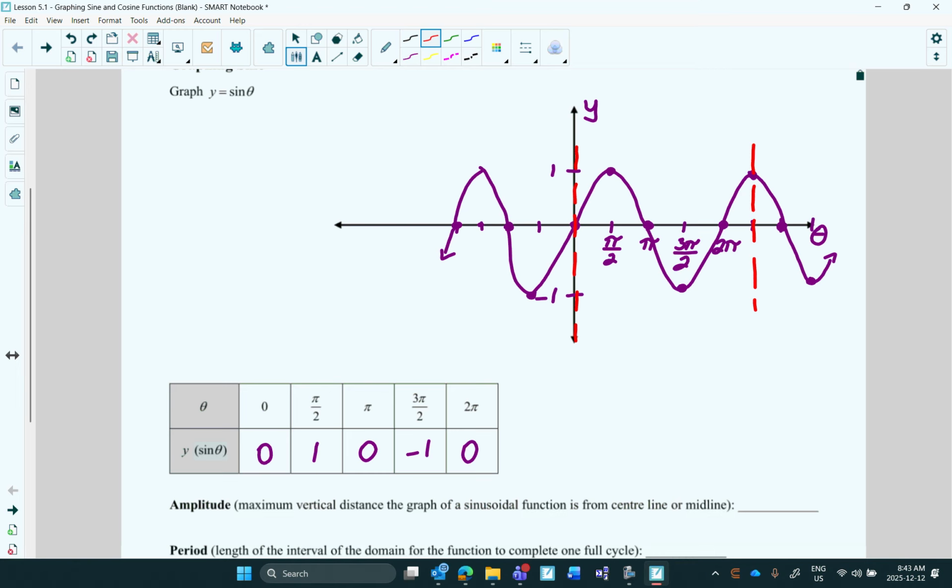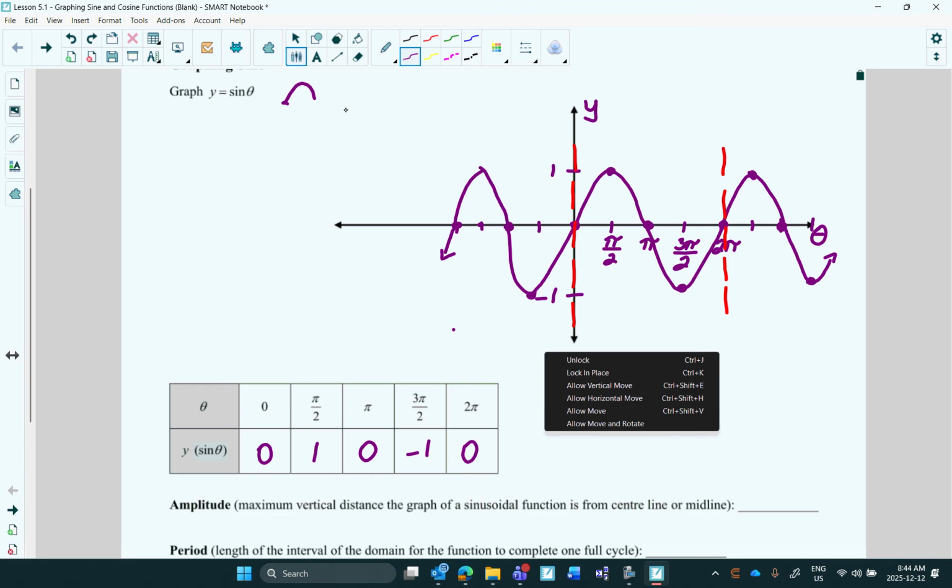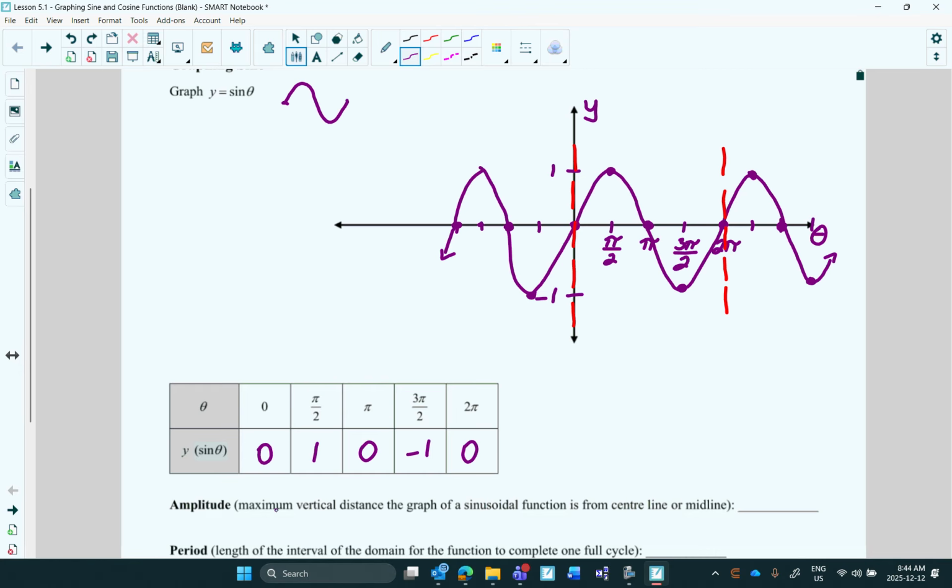It goes like this, and then it goes like this again, and then again, and so on. This is the original pattern here from 0 to 2 pi. So the sine shape is always going to start at the origin, and it's going to go up, down, back to where it started. That's what sine looks like.